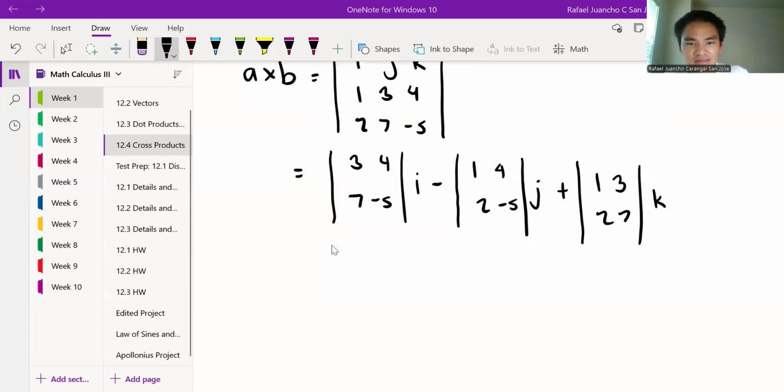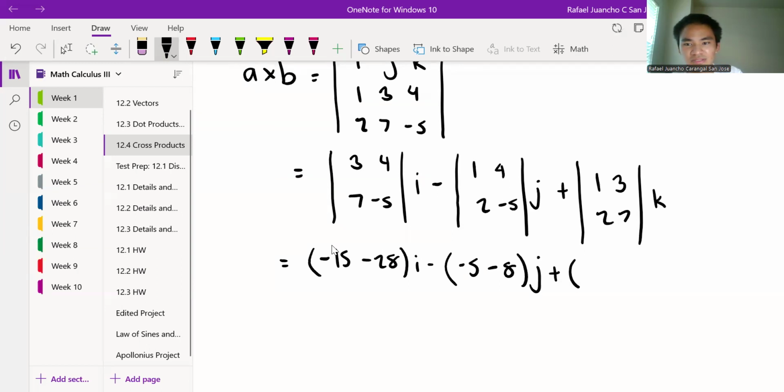All right, and now we can compute. So again, how do we solve second order determinants? We're getting their product diagonally, and we're subtracting them from each other. So what is this? This is negative 5 times 13, that's negative 15, minus 7 times 4, that's 28. Negative 5 minus 8 plus 7 minus 6.